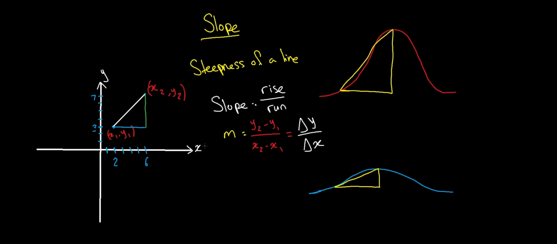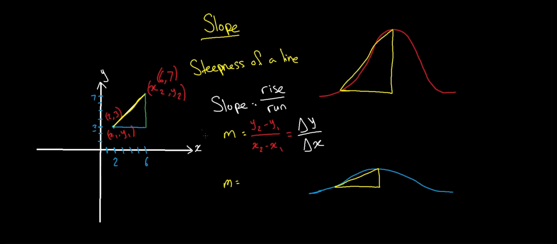So based on this, let's apply. The m, which is the slope, I will write in yellow. The slope, which is m, equals y2 minus y1. In this case, y2 is going to be 7. This is (6, 7), and this is (2, 3) over here.